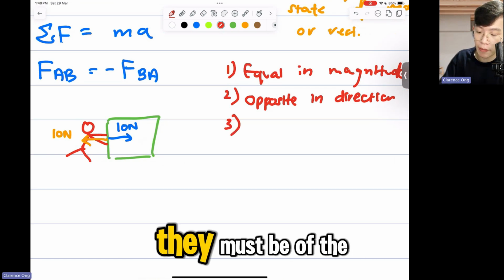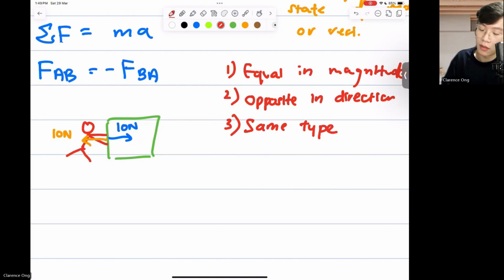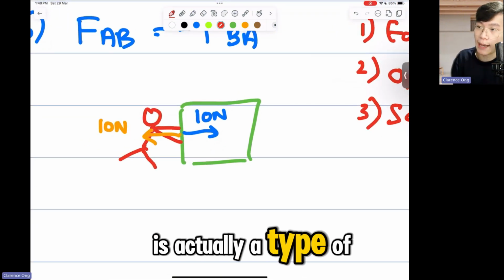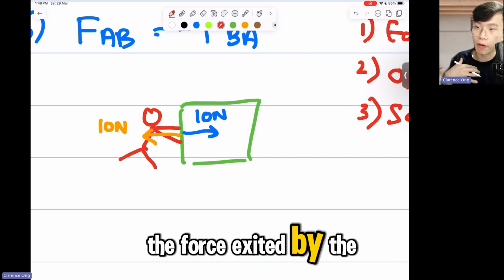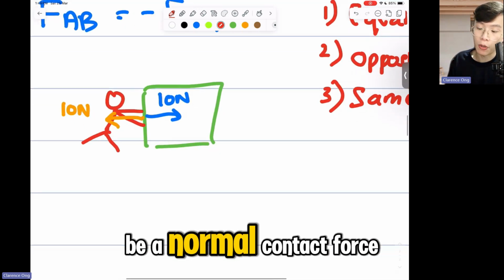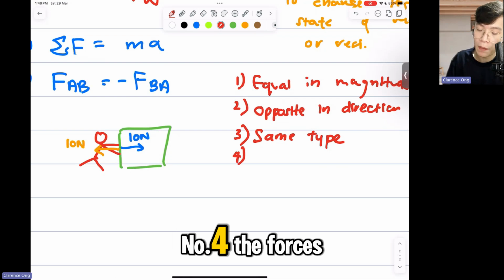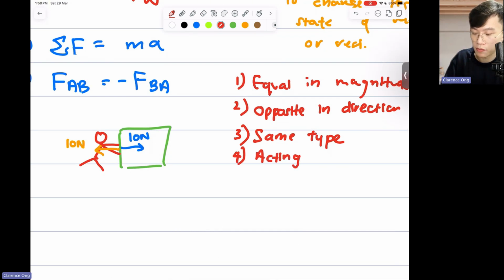The third condition is that they must be of the same type of force. The force that we're exerting on the box is actually a type of normal contact force. So similarly, the force exerted by the box on us must also be a normal contact force. Number 4, the forces must be acting on different bodies.